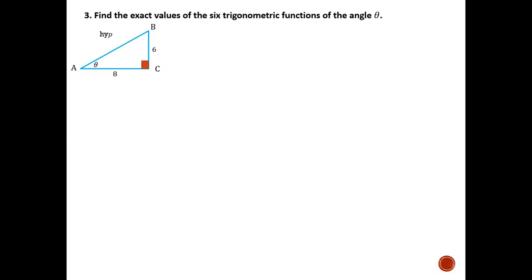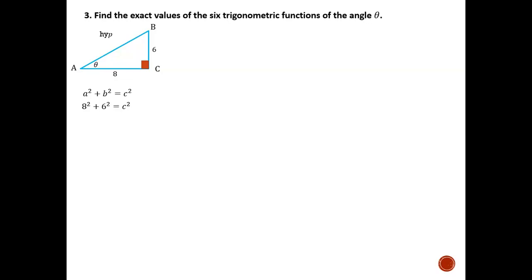Just to review our right triangle, the line segment between A and B is called the hypotenuse. We're going to be using the Pythagorean theorem to solve some of these unknown values, which is a squared plus b squared is equal to c squared. Again, c squared refers to my hypotenuse. Let's plug in the values.